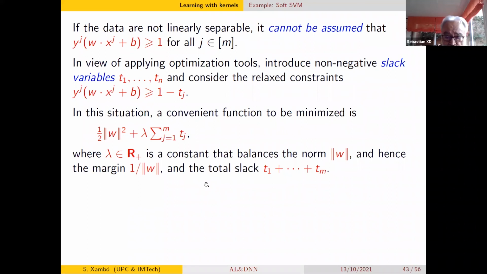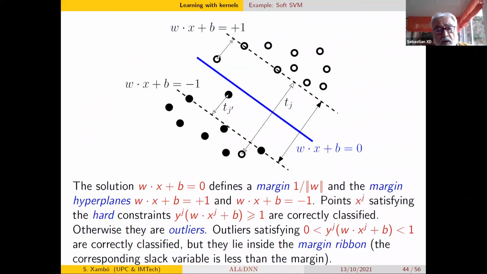Okay. To see at a glance what the conclusion will be, just look at this scheme. As in the normal support vector machine, we have negative points, which are here in black. You have positive points, here in white, and you manage to find a maximum margin hyperplane, which is represented by this blue line.